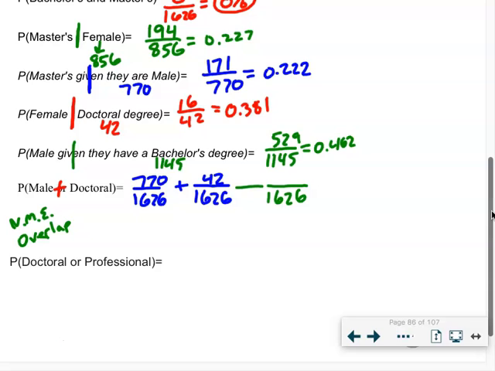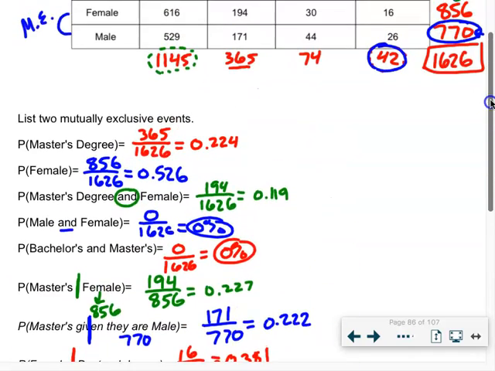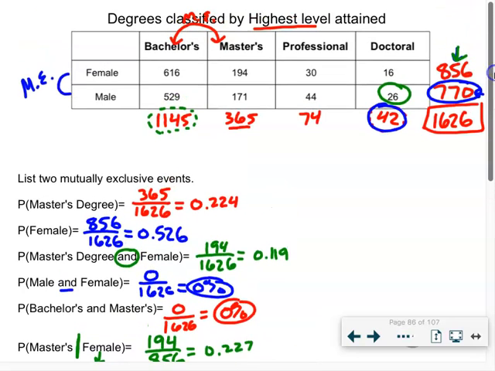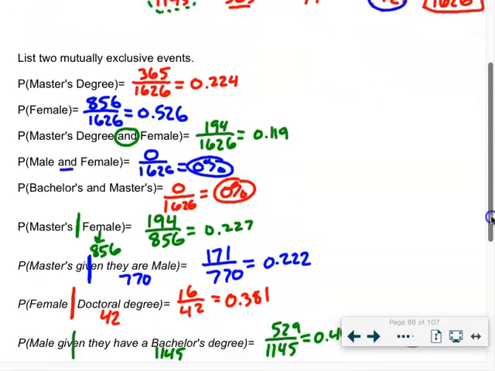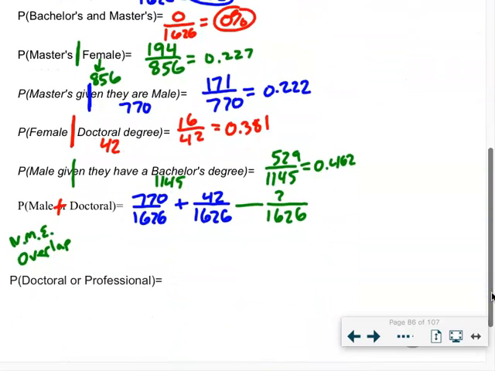categories. Okay? So we need to go to the chart and we need to find the number of males here, the number of males that have a doctorate. This is the male and doctorate part of the chart. Okay, so there's 26 people that got counted twice. I need to subtract this 26 back out.